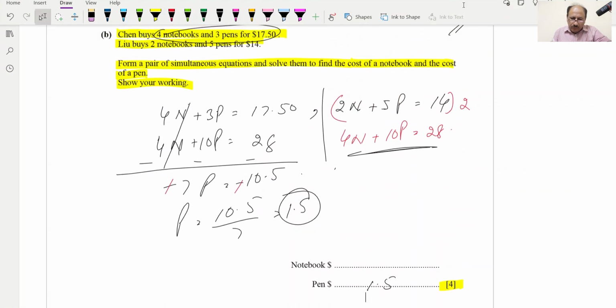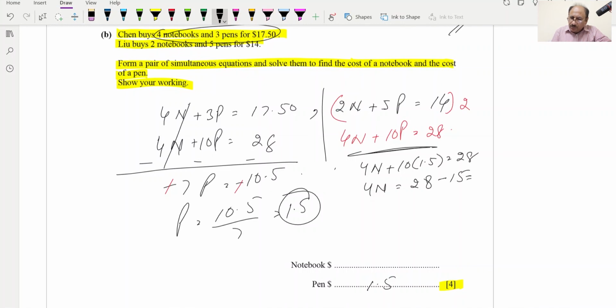To find the value of n, we can replace this 1.5 in either of the two original equations, and I will replace in the second equation, 4n plus 10p. 10 into 1.5 is equal to 28. So 4n is equal to 28 minus 10 into 1.5, which is 15, so minus 15.